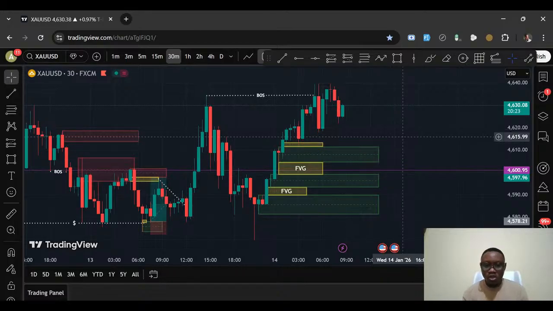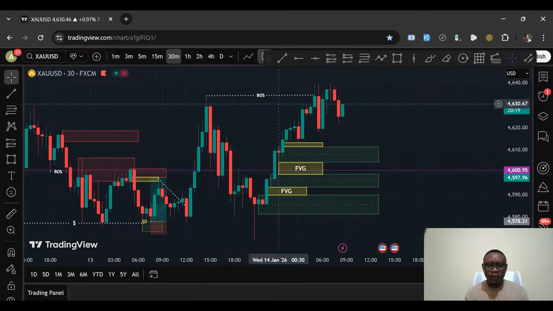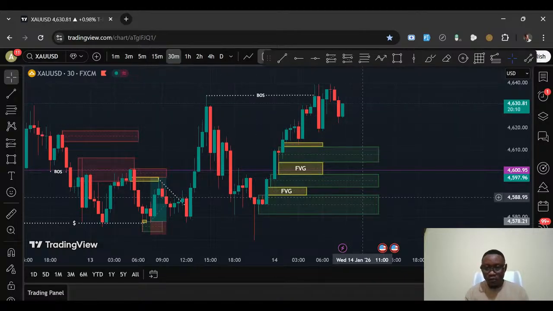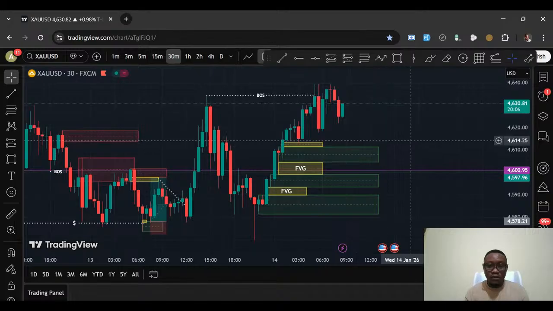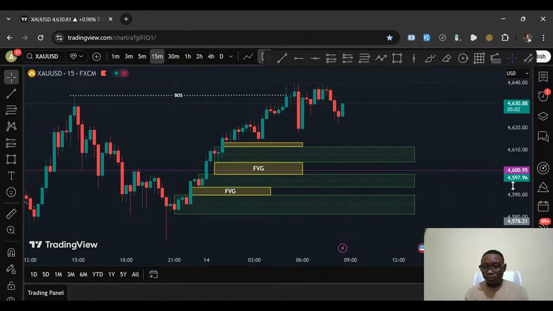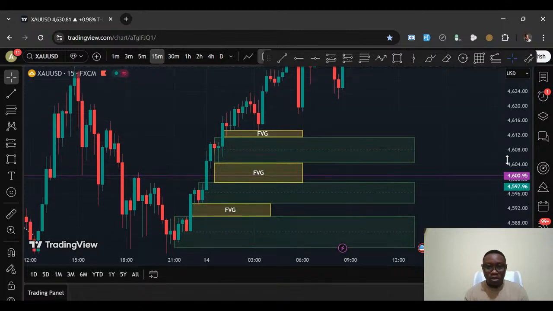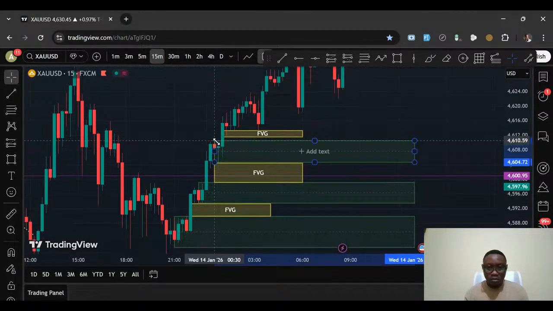Okay, let's continue. We're still identifying our zones. So we've been able to mark out these three zones. Let's drill down further to the 15-minute time frame to identify the 15-minute order block zones and also further refine the zones we've drawn earlier. All right, so this is our 15 minutes, and we can refine this to this order block.